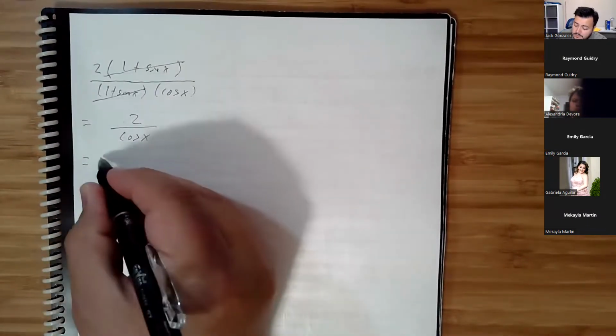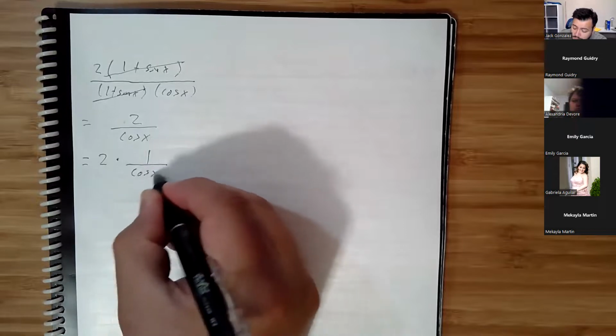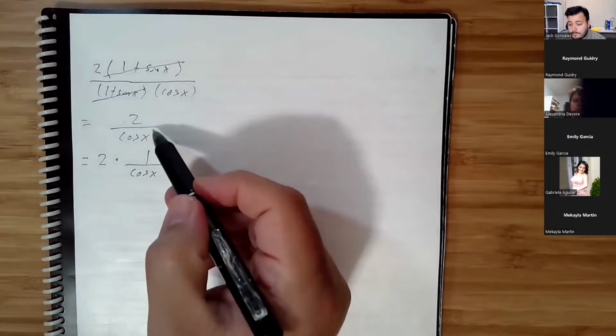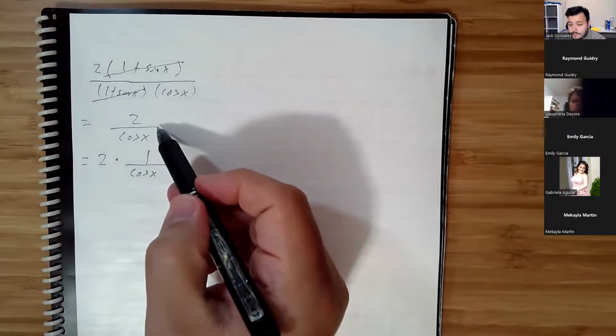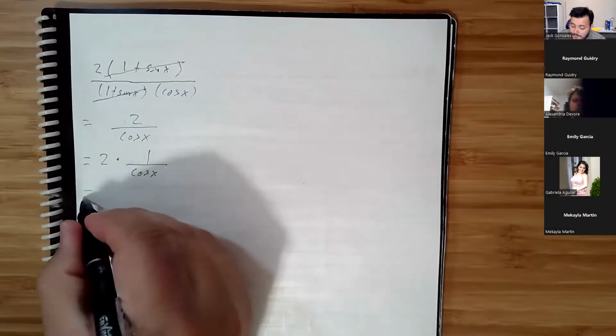Just to make it more obvious to you, this is the same thing as this. So what is 1 over cosine? What is the final step here?